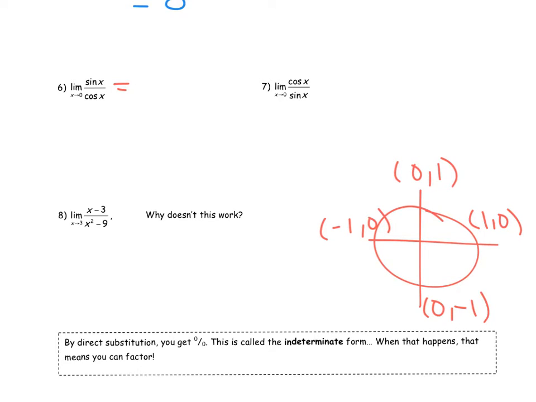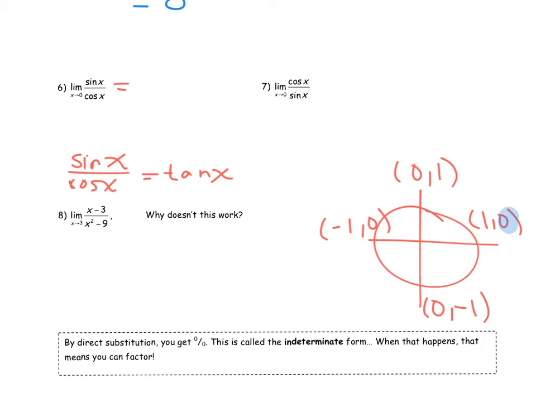So I'm going to rewrite this, and remember, this is just a little side note. Sine over cosine, remember that's just tangent. Okay. All right, so we have to be careful here because remember, if this becomes 0 in the denominator, it's undefined, and that can't happen. So let's see. We have the sine of 0. Well, sine is the y values.